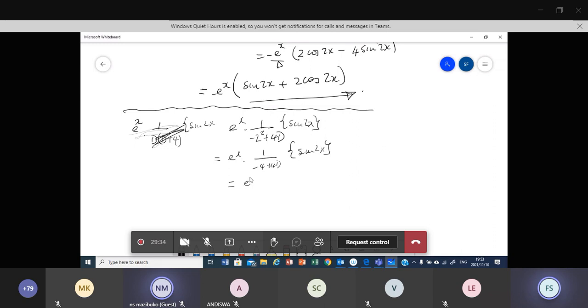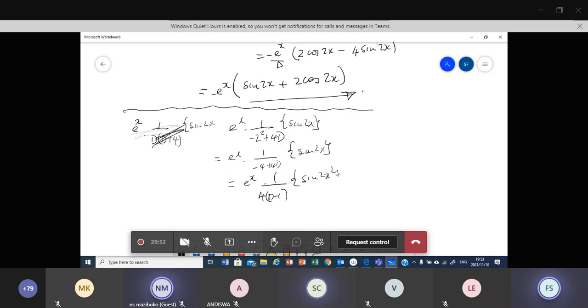That becomes e to the power x, 1 over, you take d as a common factor the usual way. So it's 4. Then you are going to have D minus 1 acting on sine 2x. You'll end up with something like this.